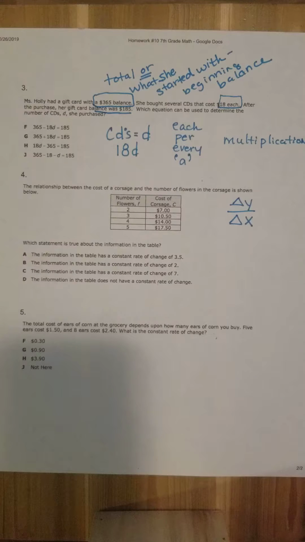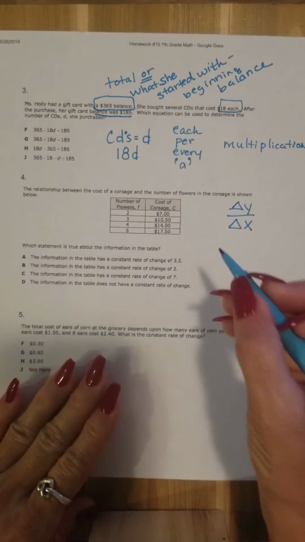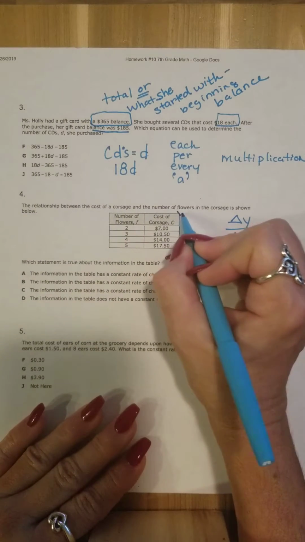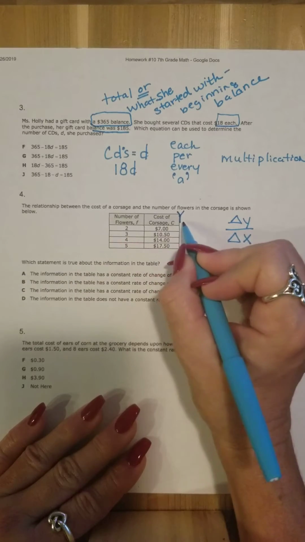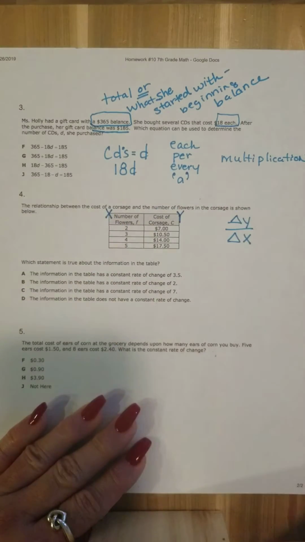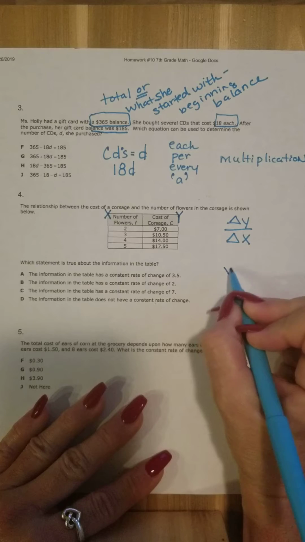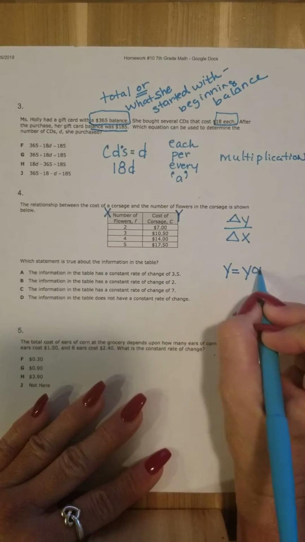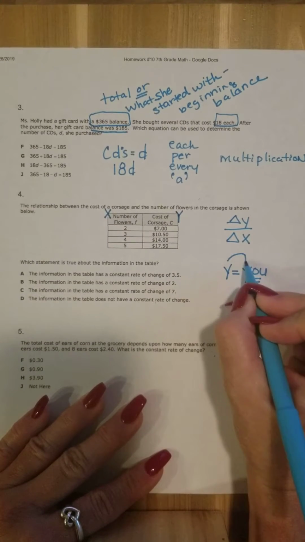Okay, so if you think about it, the bigger bouquet of flowers or something that you buy, the more money you're going to pay. So the cost of the corsage depends on how many flowers are in there. And remember, Y equals U.